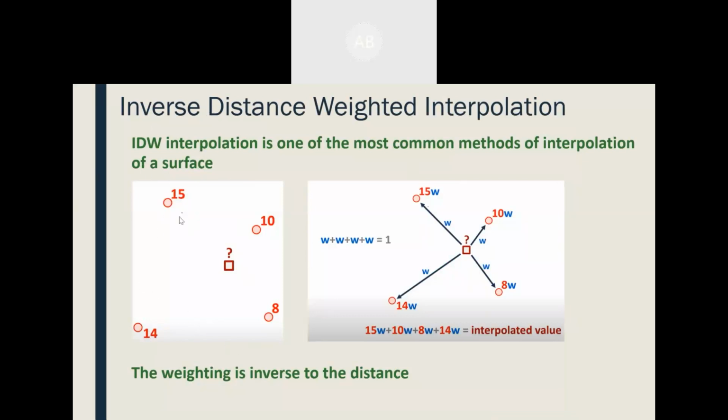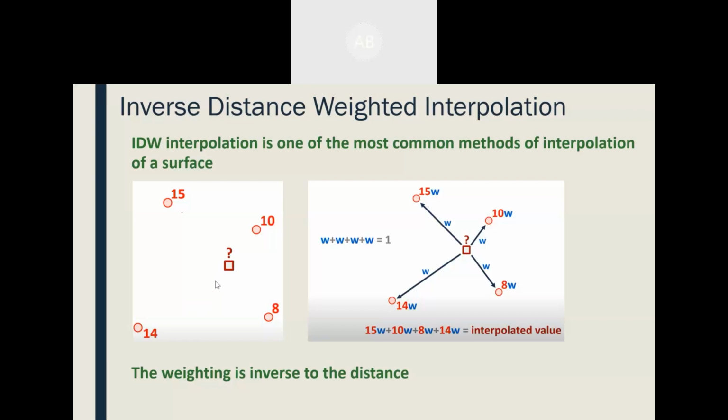For example, imagine this on the screen as some concentration values of a certain chemical. Maybe here it is 8, in this place it is 10, in this place it is 15 and 14. All these points are distributed over a surface, and then you would like to know what would be the value exactly at this square box. In this case we may use IDW, which is an interpolation of a surface.